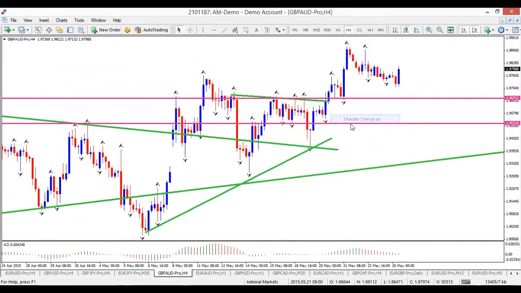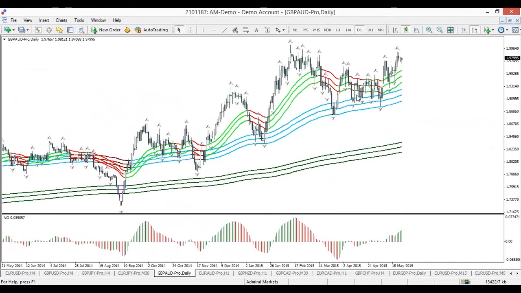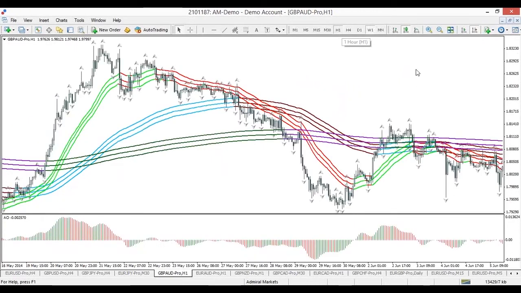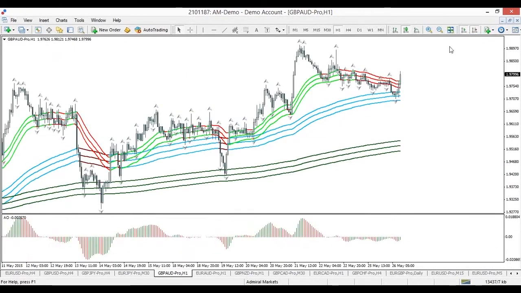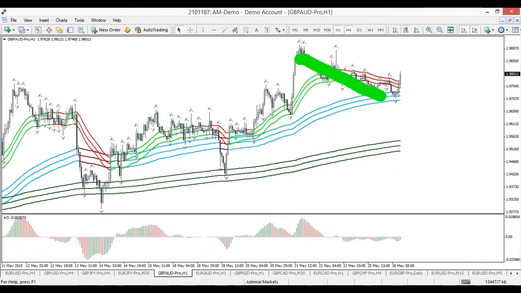Let's put on the moving averages. You see moving averages are aligned to the upside on the 4 hour chart. Daily too. Weekly, only the long term is missing, but this is a weekly chart, so that will take long. Hourly, yes. And we actually had a recent retracement back to the moving averages.